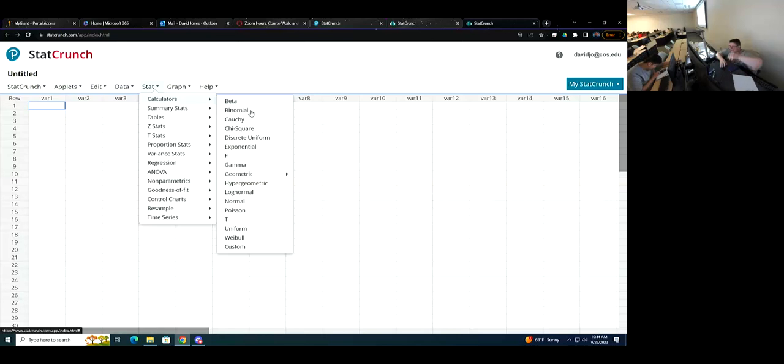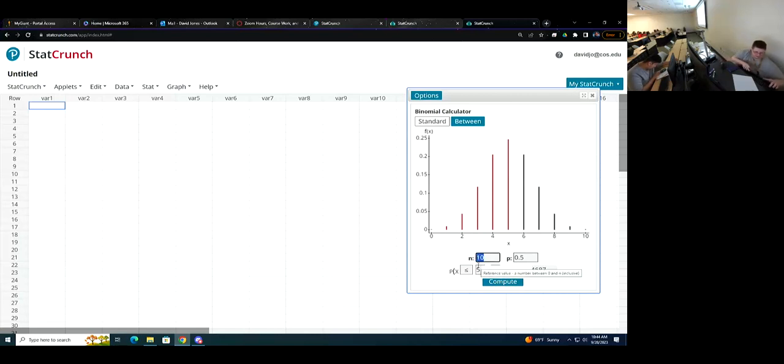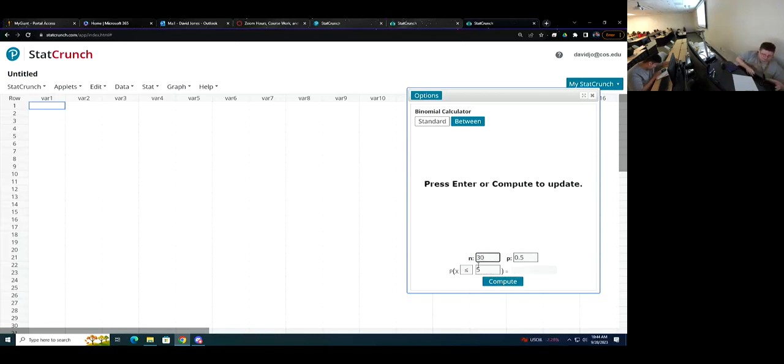It's the second one on the list. It asks you for n and p, and then what we're gonna do with x. N was 30. P was 0.14. And the first one we had was x equals 5.